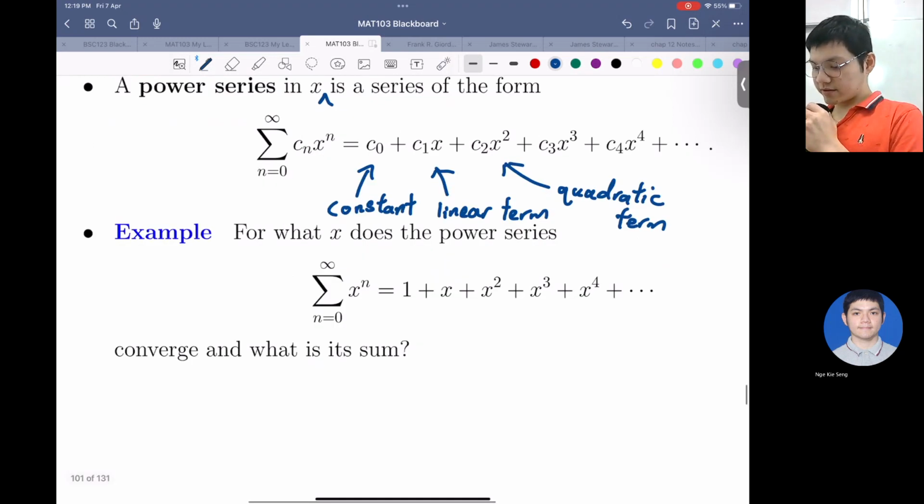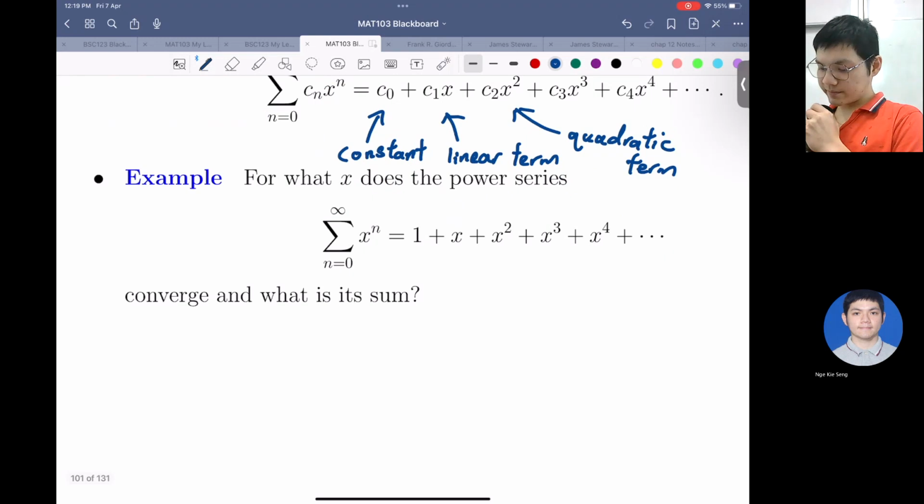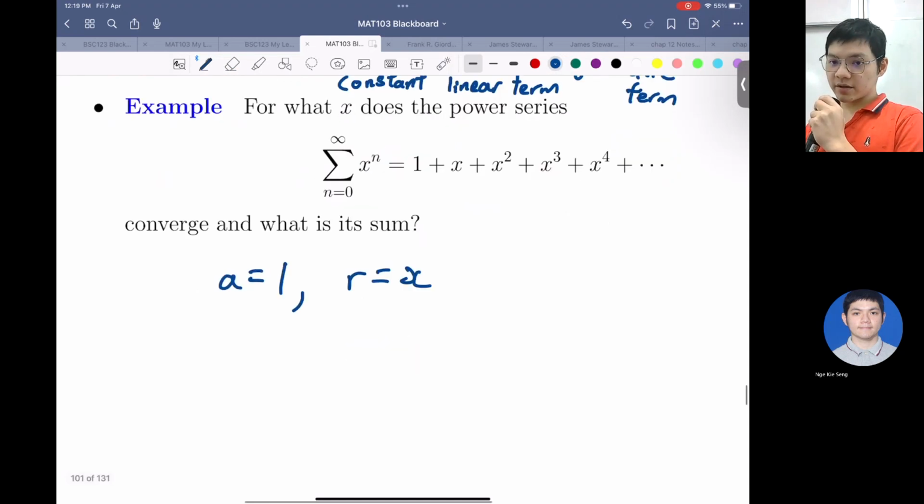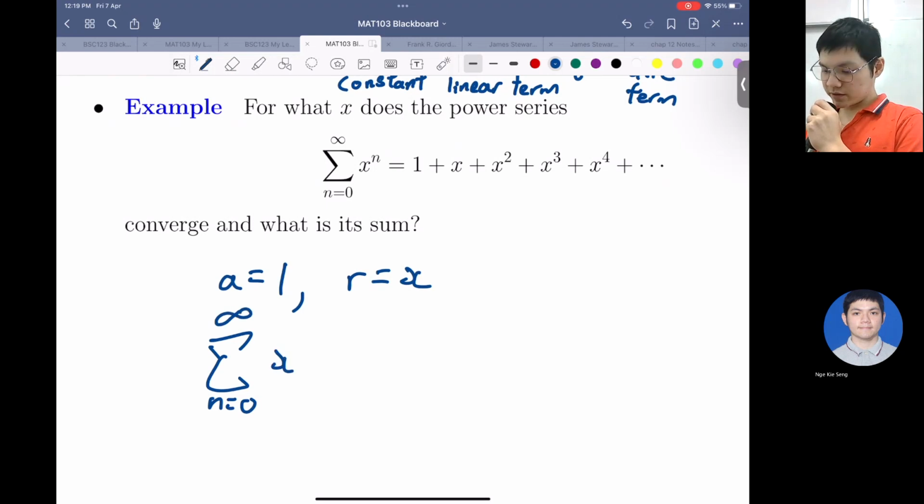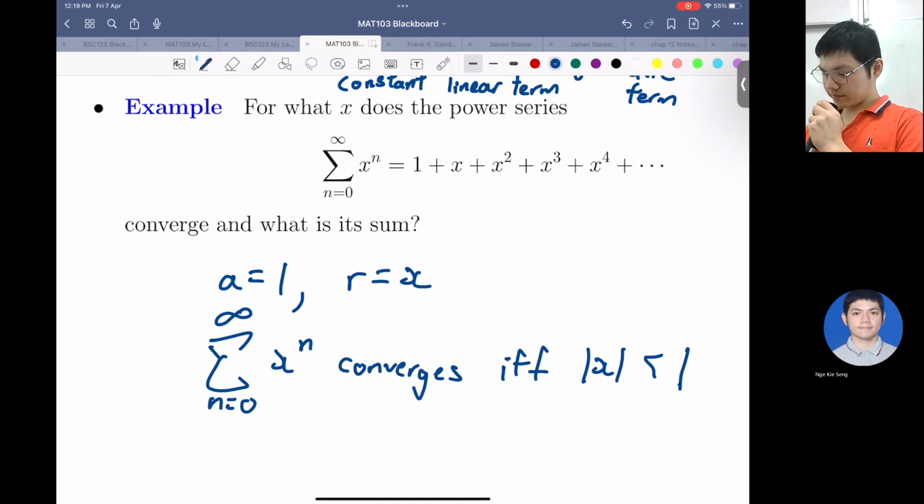If you are using the geometric series, what's the first term? a equal to 1, r equal to x. So this series converges if and only if, what? The absolute value of x is less than 1.